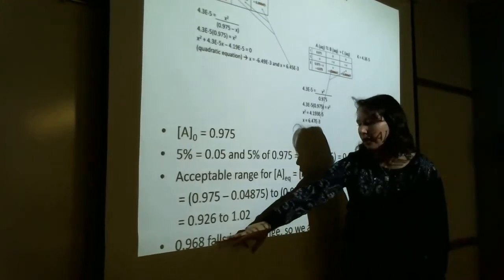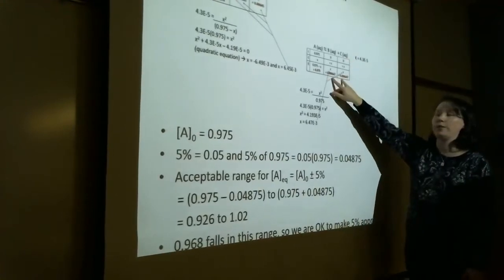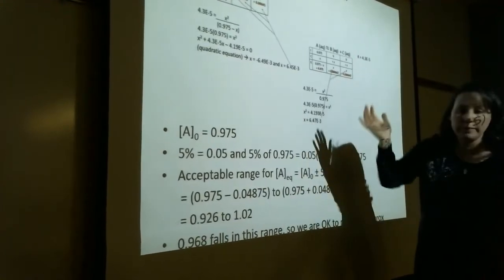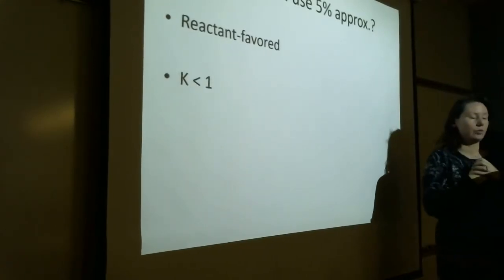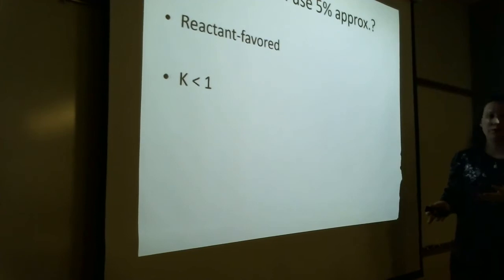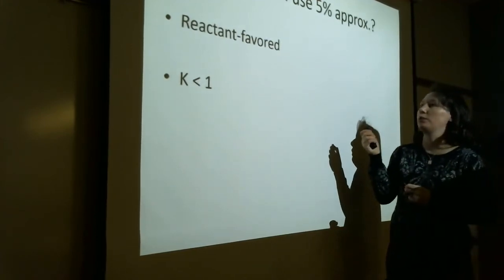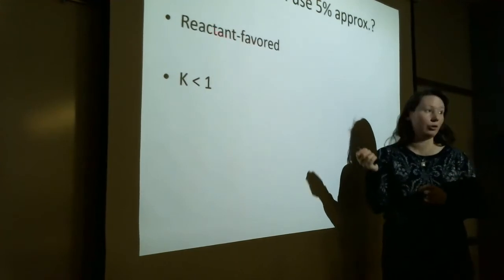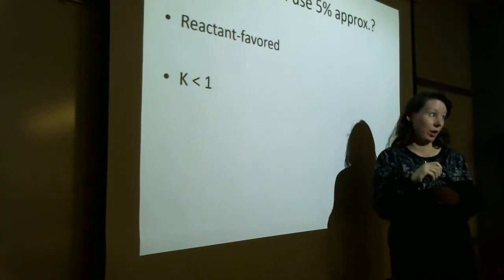0.968 is within this range, so that means that we can use these values of X and not worry about it. We're good. So this is really important. Please write this in your notes. When can I use the 5% approximation and when can I not? I can only use the 5% approximation for a reactant favored ICE table, and K must be less than 1.